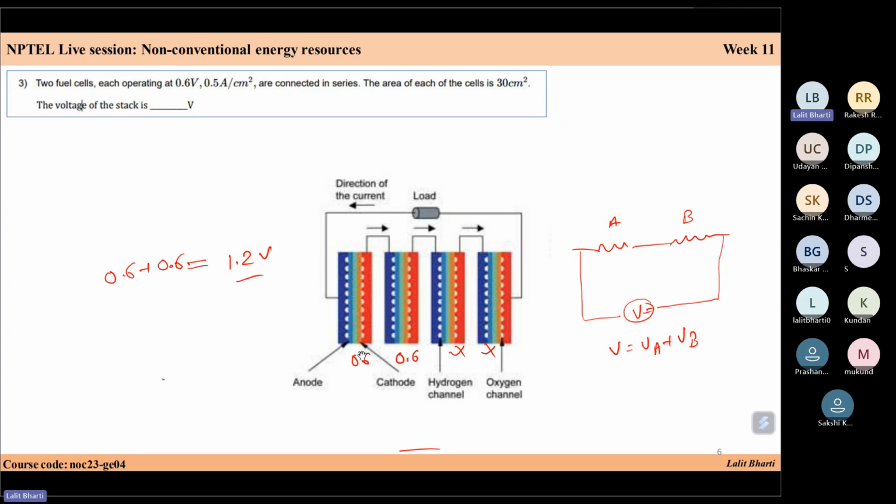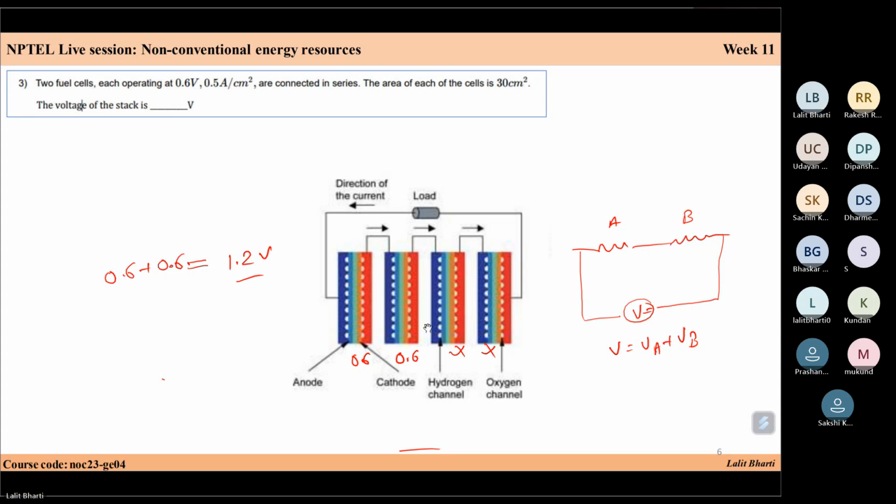Let me calculate. 30 centimeter square, 0.5. Okay, so they are not asking for the current, they are asking for the voltage, the stack voltage only. So this is your 0.6, this is your 0.6, and this is the hydrogen channel and this is your oxygen channel.